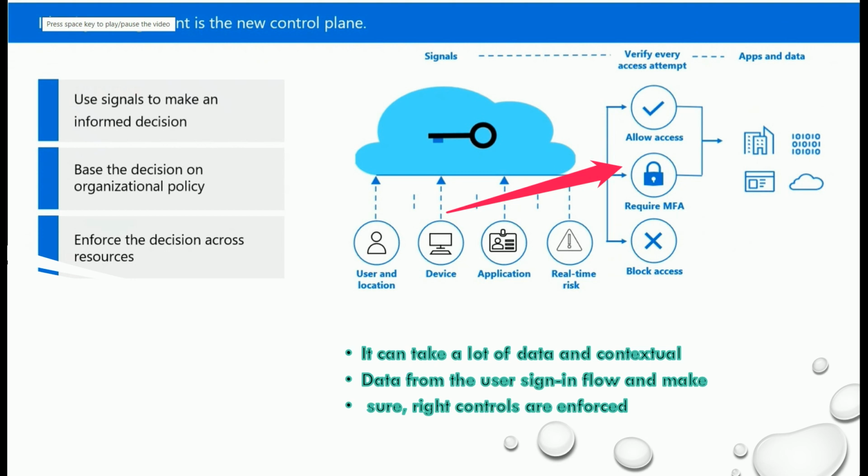If he is accessing from a particular region that is secure, you can allow access. If he is accessing from an anonymous or suspicious IP range, then it may require multi-factor authentication, or it can completely block the access. Or you can allow the access with certain conditions.